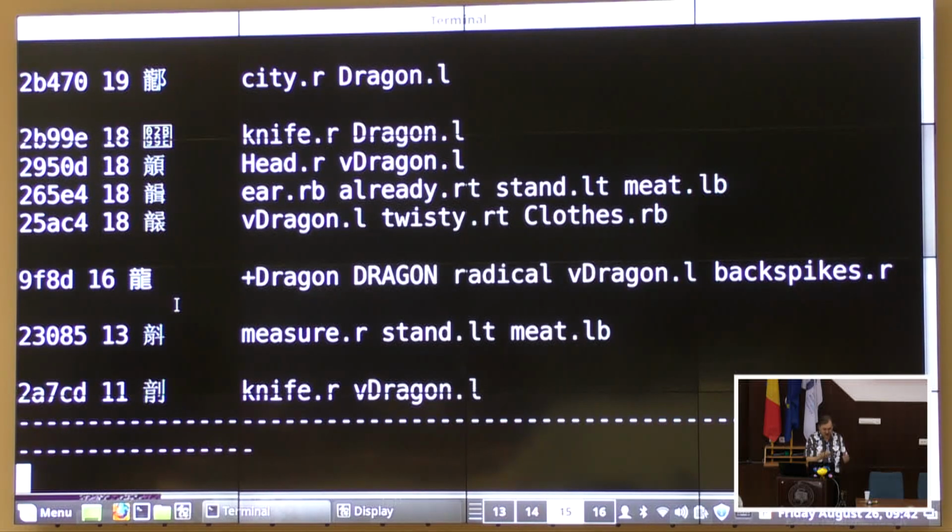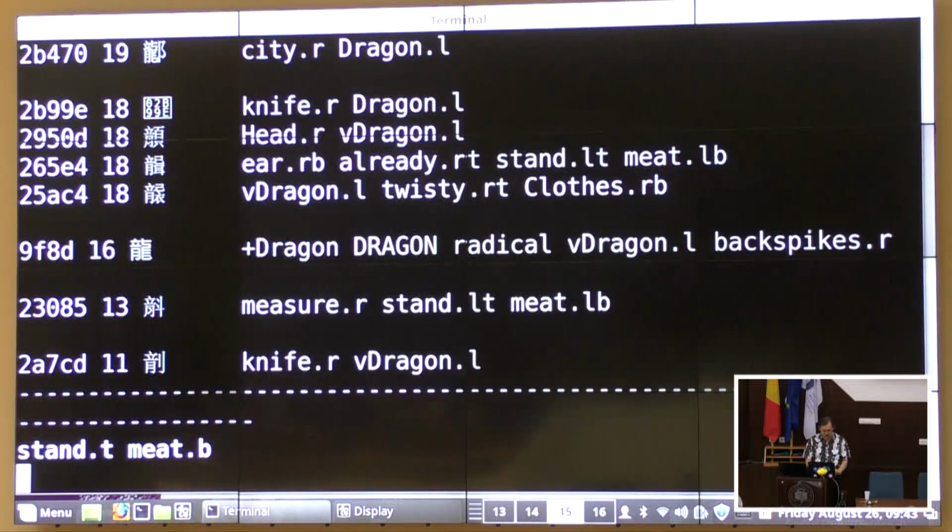So you see how there's other similar characters. You see there's this stand and meat in other characters too. So maybe that's actually a component. Well, you can actually determine that. I called that V-dragon here. It's a variant of dragon. Stand on top and meat on the bottom.